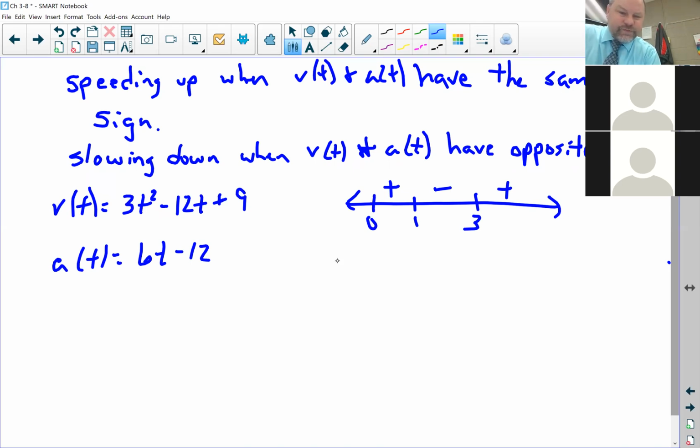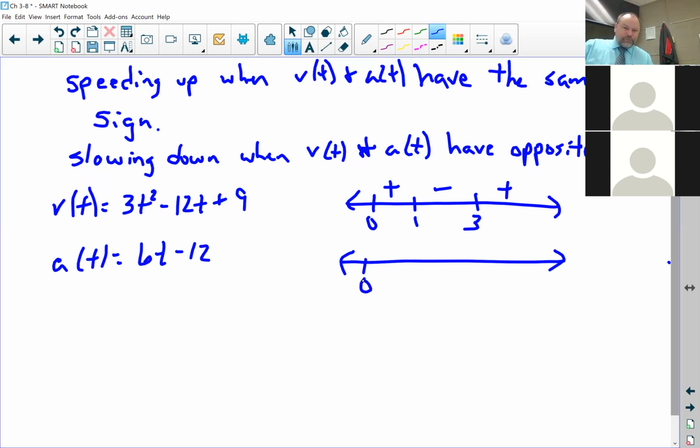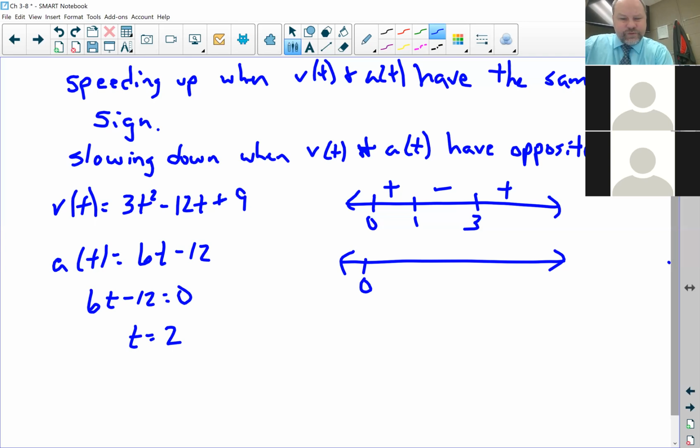And we could do a similar thing for acceleration. When does acceleration change sign? At what value of t will our acceleration change signs? That's when it's 0. So in this case, t would be 2. And so I'm going to mark that here.